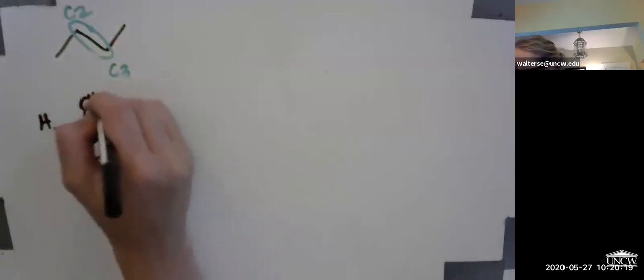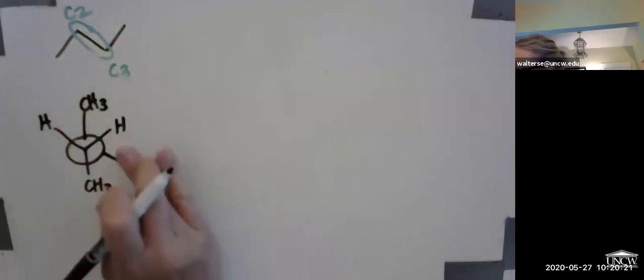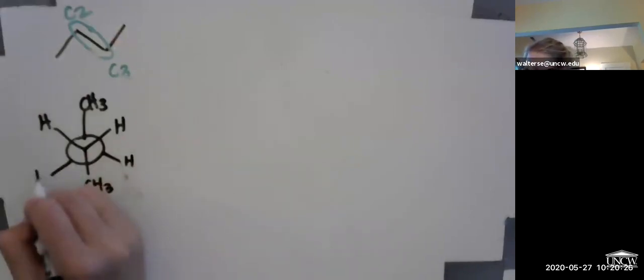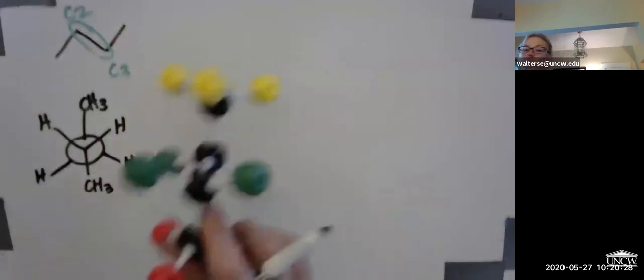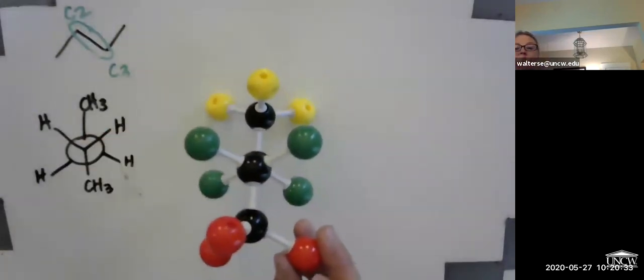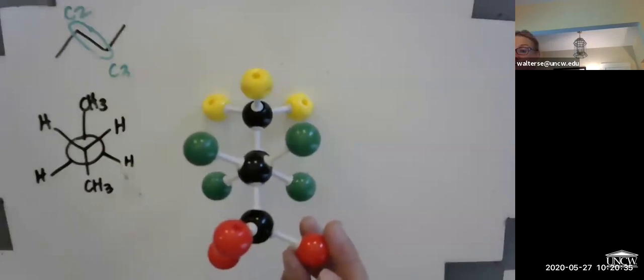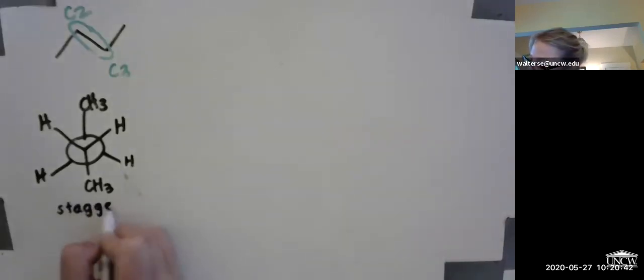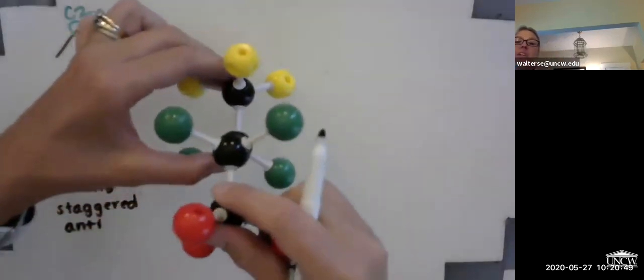This was the first one that we had, where the methyl group on carbon 3 is opposite the methyl group on carbon 4. So this is staggered, but in anti-conformation because the two methyl groups are as far away as possible.